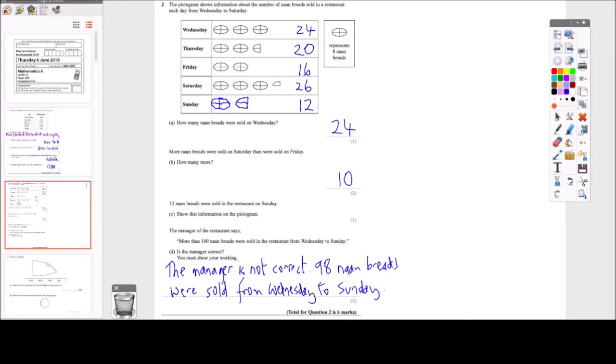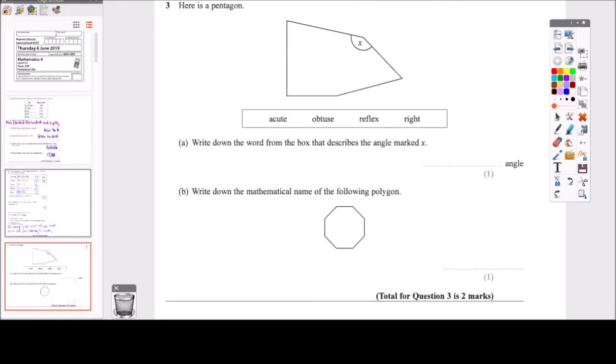Question 3. Write down the word from the box that describes the angle marked X. Well, this angle is more than 90 but less than 180, so that is an obtuse angle. Had it been less than 90, it would have been acute.